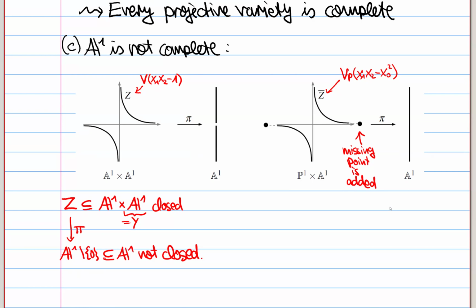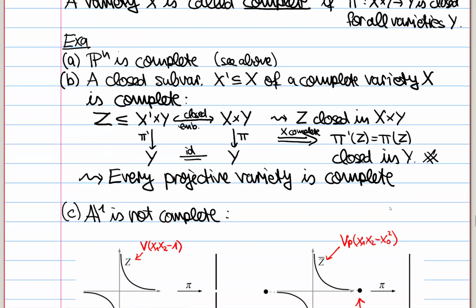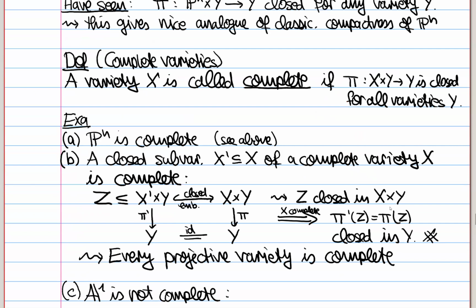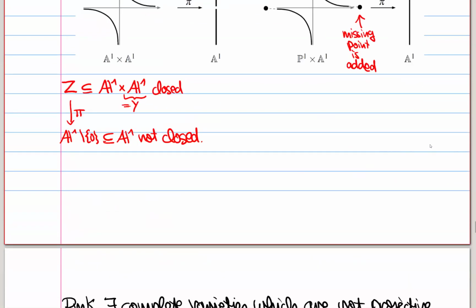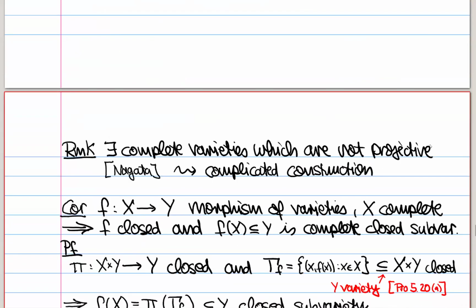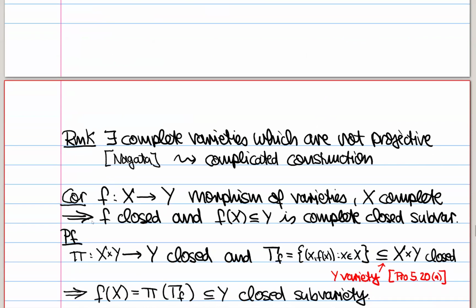Okay, so a priori, the condition of being complete, by this projection map being closed, sounds like a very special and technical condition, but in fact, it's exactly the right one. And we're going to see this here in this corollary.